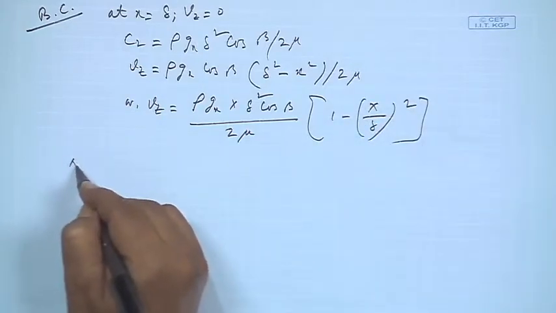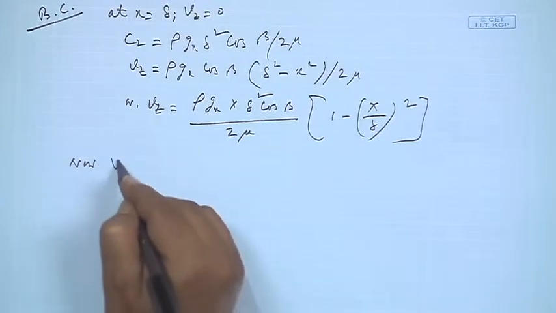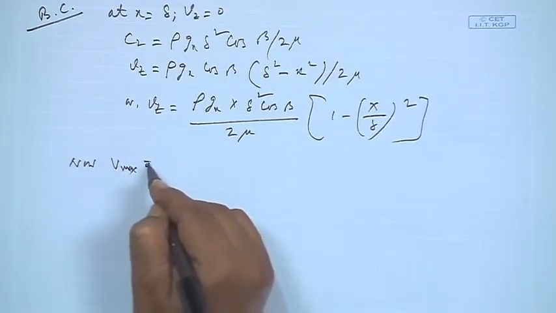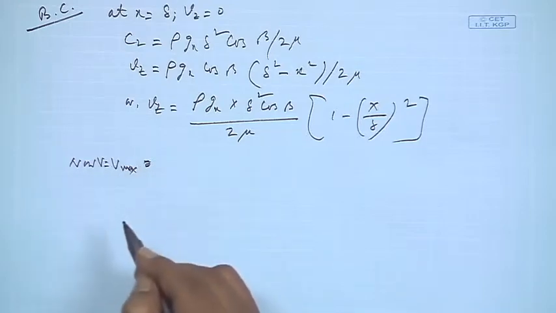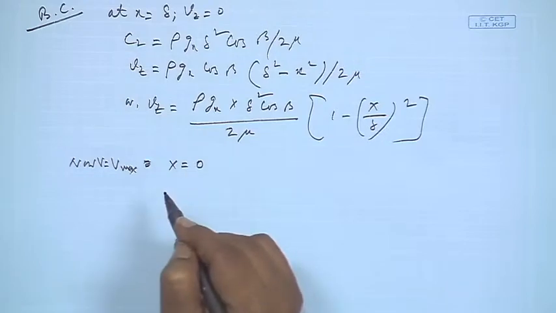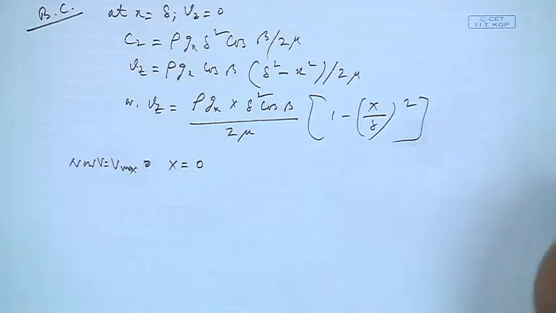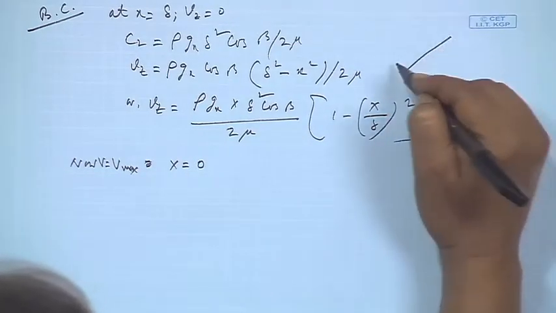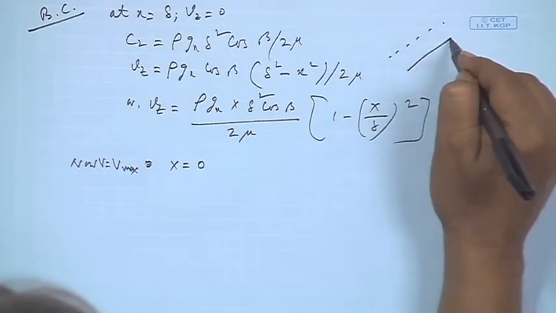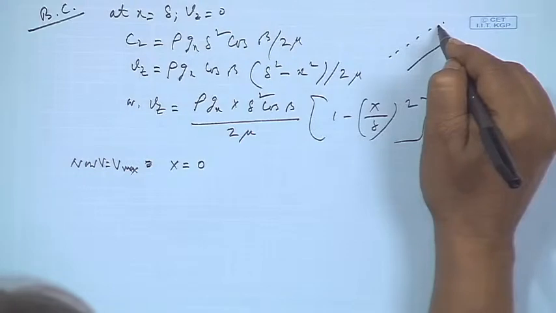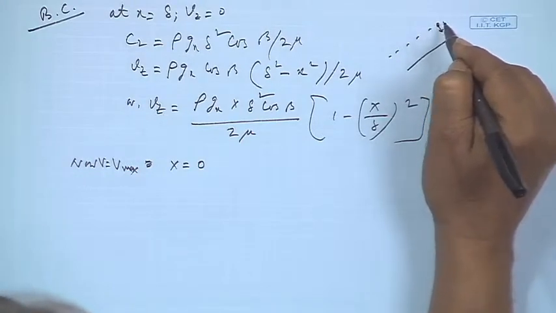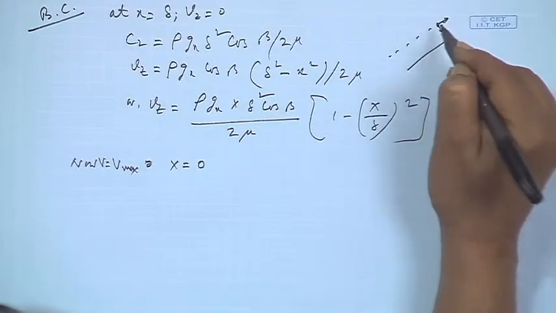Now V max, or V equals V max, can be when x equals 0, right? For understanding, this was the open surface, this is the solid surface. We started our x this way, so this is 0, x equals 0.